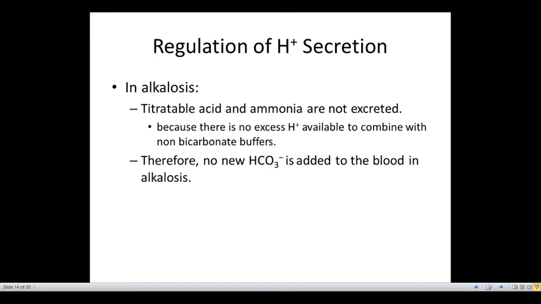In alkalosis, titratable acid and ammonia are not excreted because there are no excess hydrogen ions available to combine with non-bicarbonate buffers. Therefore, no new bicarbonate is added to the blood in alkalosis.